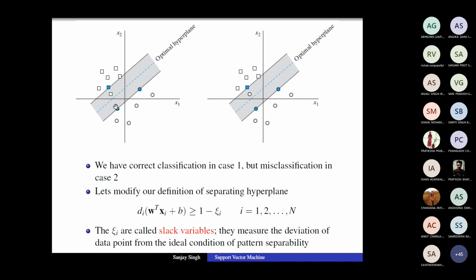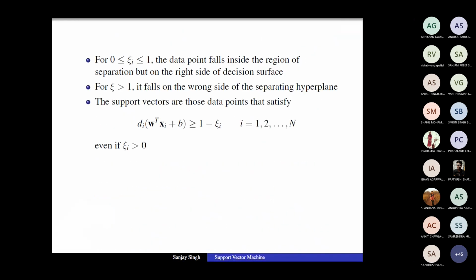So if xi lies between 0 and 1, it is lying within here only. It means a violation happens, but it will not cause any misclassification error. But if xi is beyond 1, it means the point goes to the other side, a distance from here to here that is definitely more than 1. In this situation, the violation results in a misclassification error. This is what it says here.